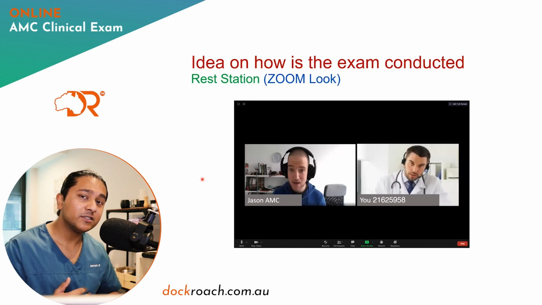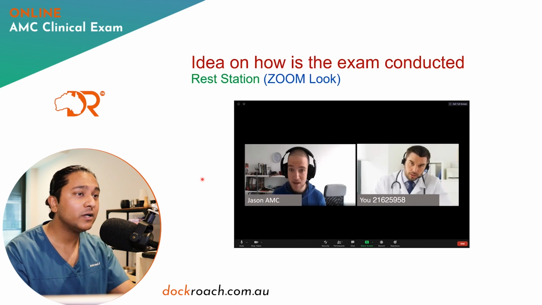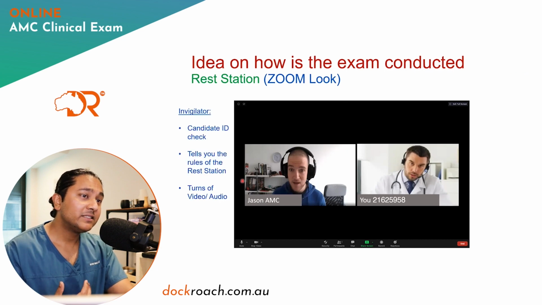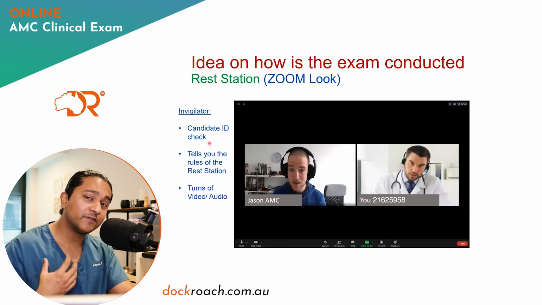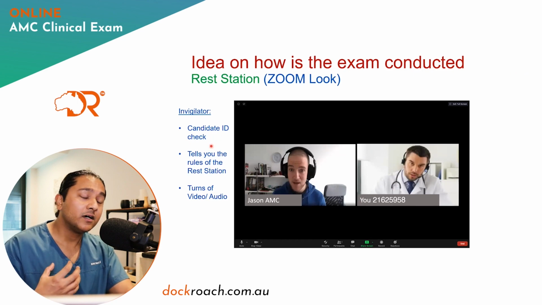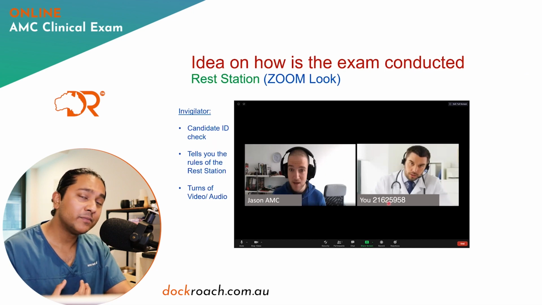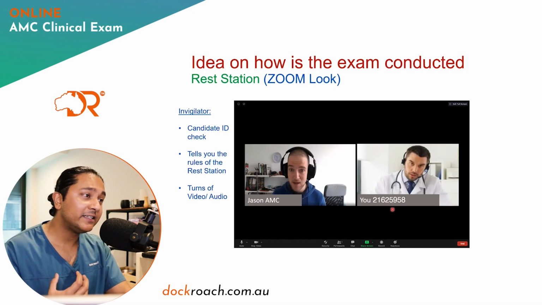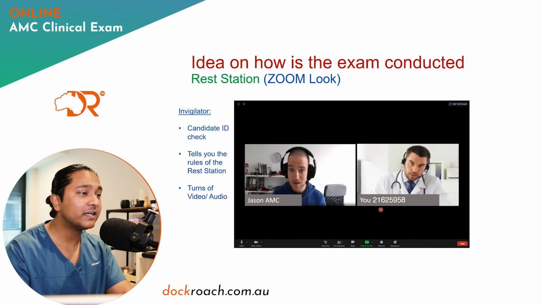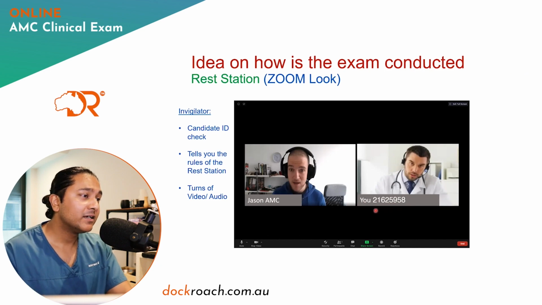When you are here, I'm just going to give you a rundown of what happens. The first thing that will happen is Jason here is going to ask you a few questions. He's going to ask, doctor, may I see your ID and your candidate number, please? Your name and your candidate ID number, please. So you just say, hi, Jason, thank you for that.